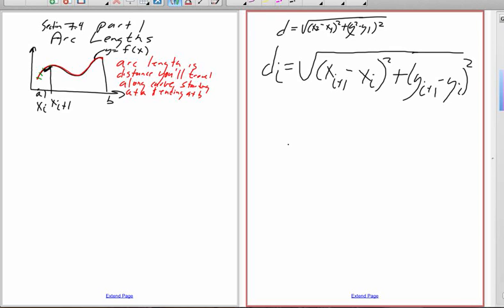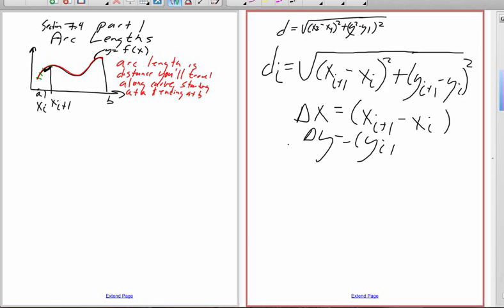Okay, now if you remember, delta x is defined to be x sub i plus 1 minus x sub i, and delta y is y sub i plus 1 minus y sub i.